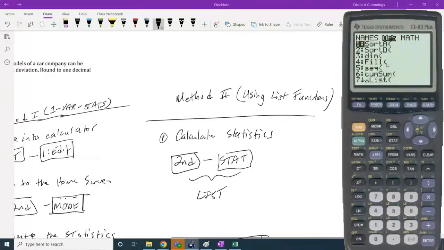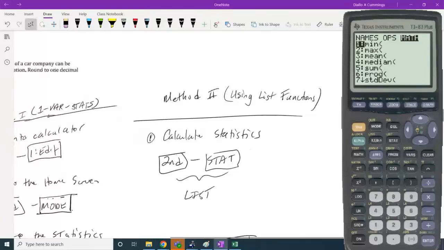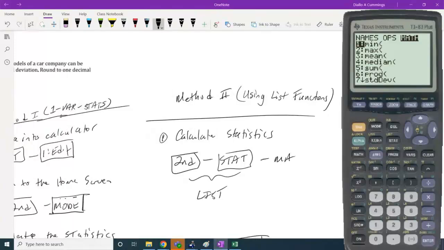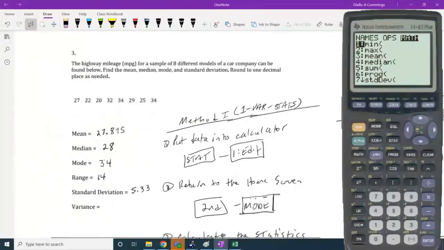I'm going to scroll over to OPS, which means operations, and then scroll over to math. Let's take a look at all of the functions in this list. We have minimum, maximum, mean, median.